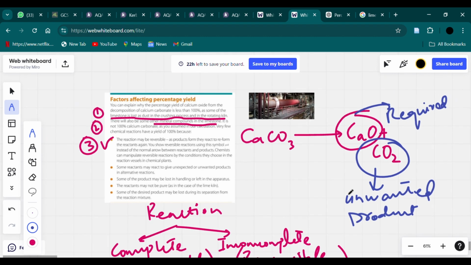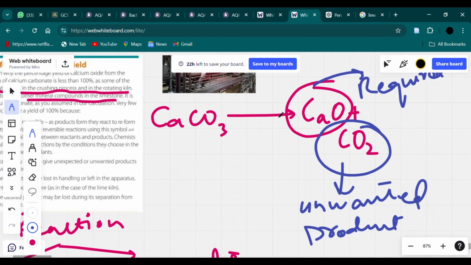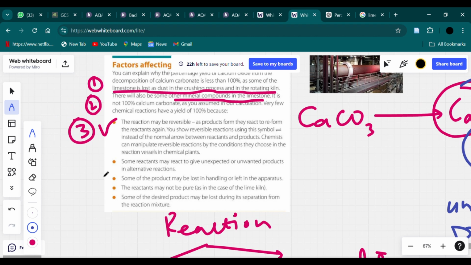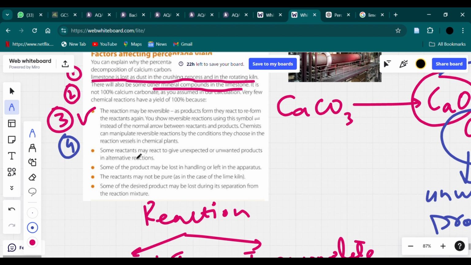Some of the mass of the calcium carbonate is utilized in converting into carbon dioxide, and this is one of the reasons that we have a lower actual yield. So this is one of the reasons why the actual yield is less than the theoretical yield.